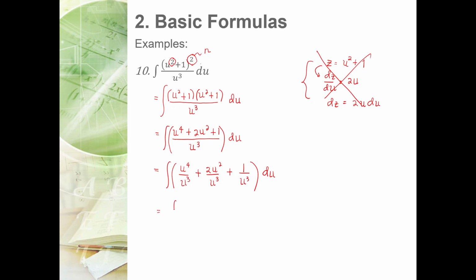Simplifying further, we have u to the power 4 over 3, so what is left is u du. I automatically distributed du to the first term plus the second term. So taking 2 outside the integral symbol, 2 against a, what is left is du all over u. Then lastly is integral of du all over u cubed.